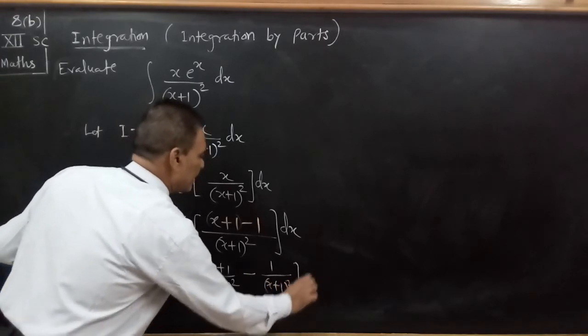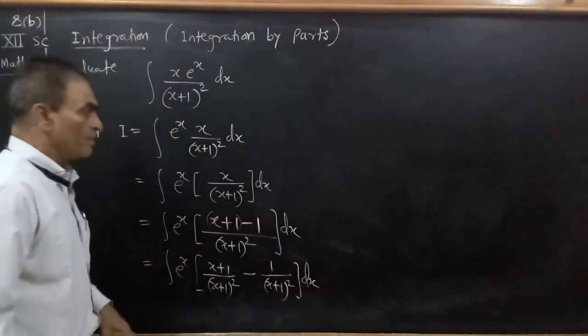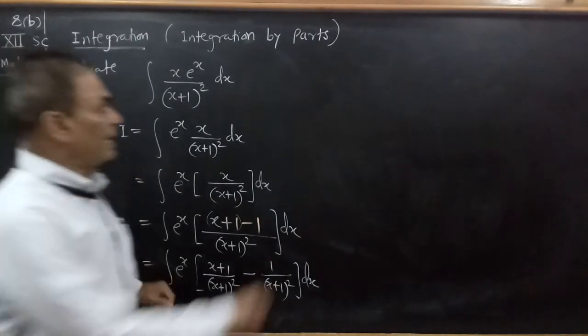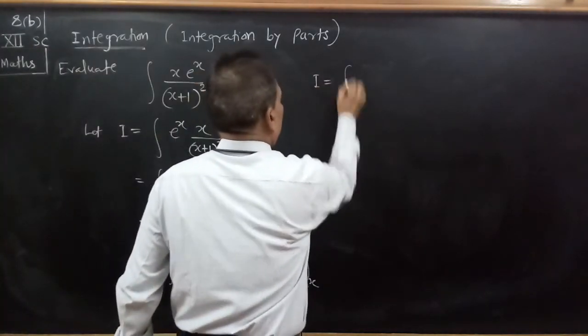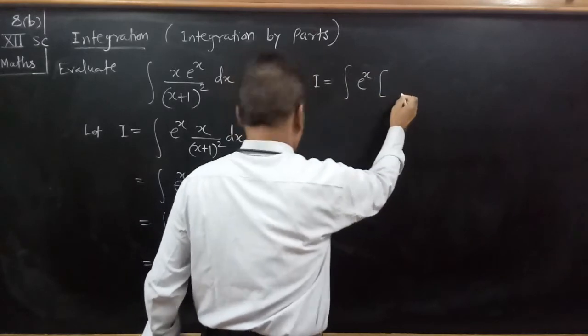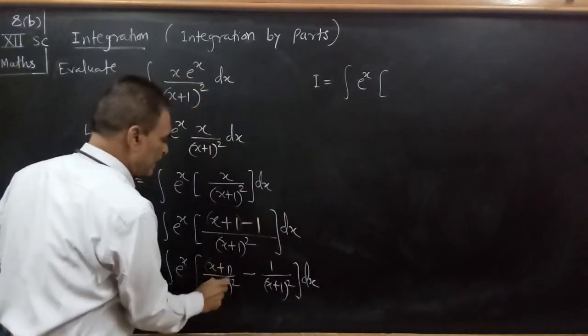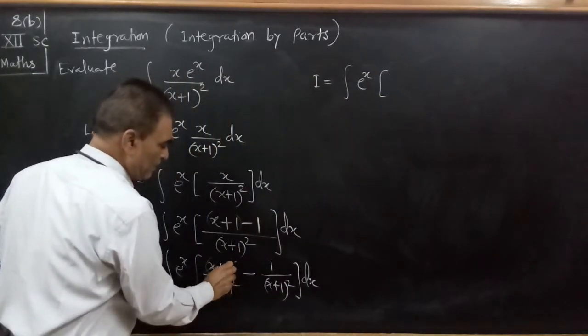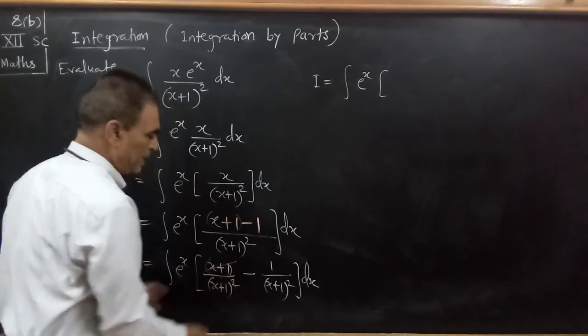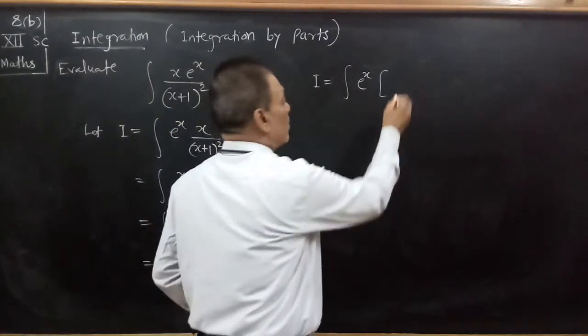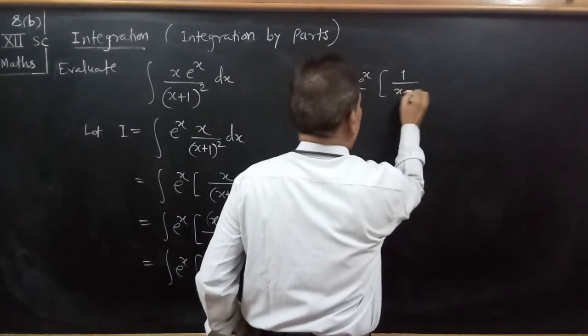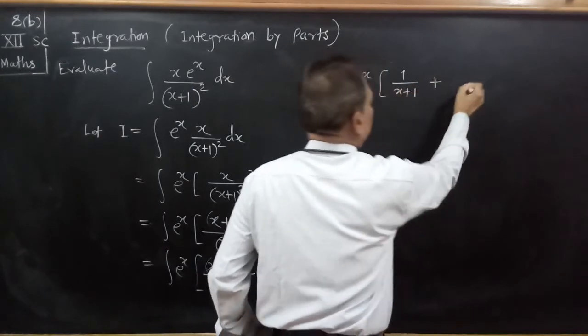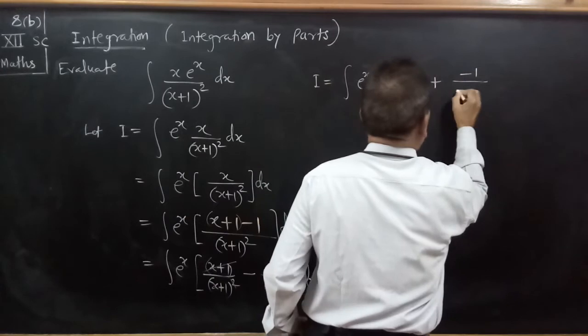Again, e raised to x into bracket. One of the factors is cancelled in numerator and denominator. It means you will get 1 divided by x plus 1 plus minus 1 divided by x plus 1 bracket square into dx.